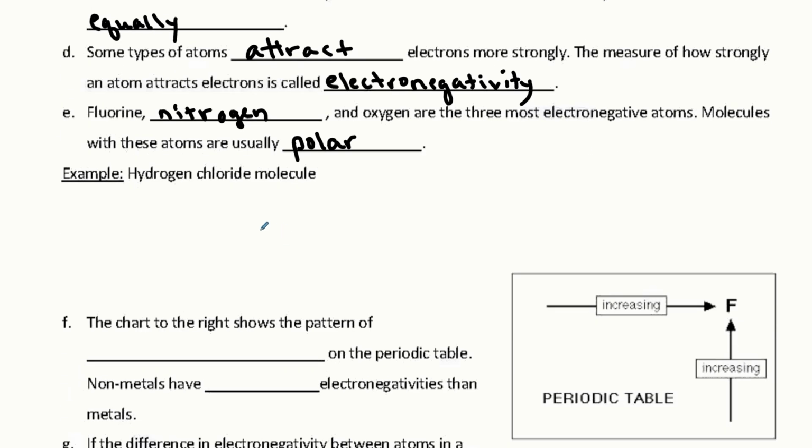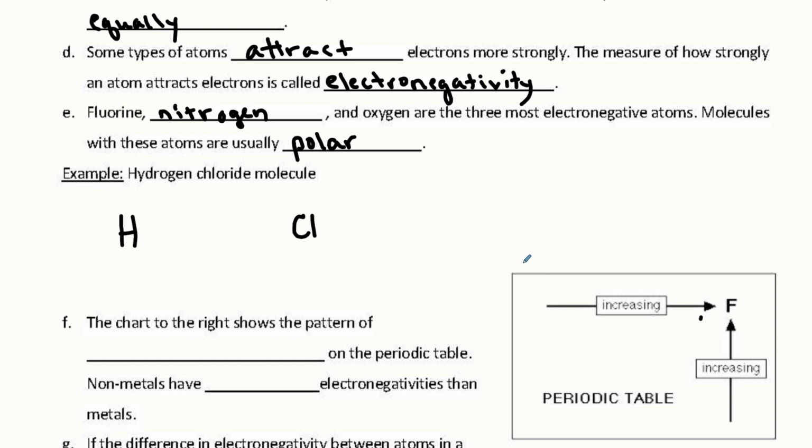Okay, so here's another example of a polar molecule, hydrogen chloride. We've got hydrogen and then we've got chlorine. Now chlorine isn't one of the three we listed, but it's right underneath fluorine, right? So it's still going to have a very high electronegativity.